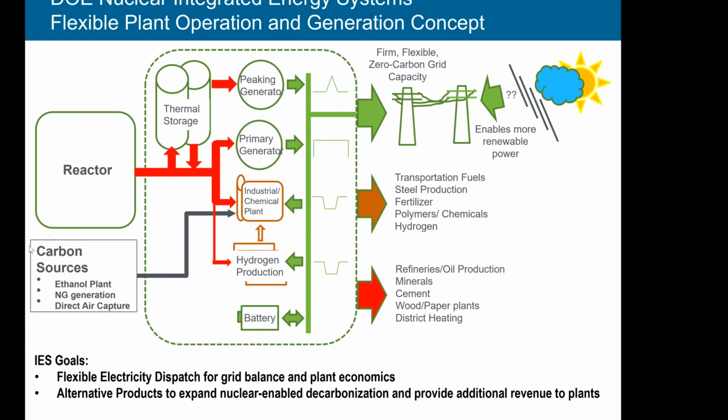And we show the carbon sources that could be used as feedstocks to the chemical plants, because we see carbon as a basic building block to many products. There's a lot of opportunities for carbon sequestration here as well. Although there could be other feedstocks that go into this plant here.